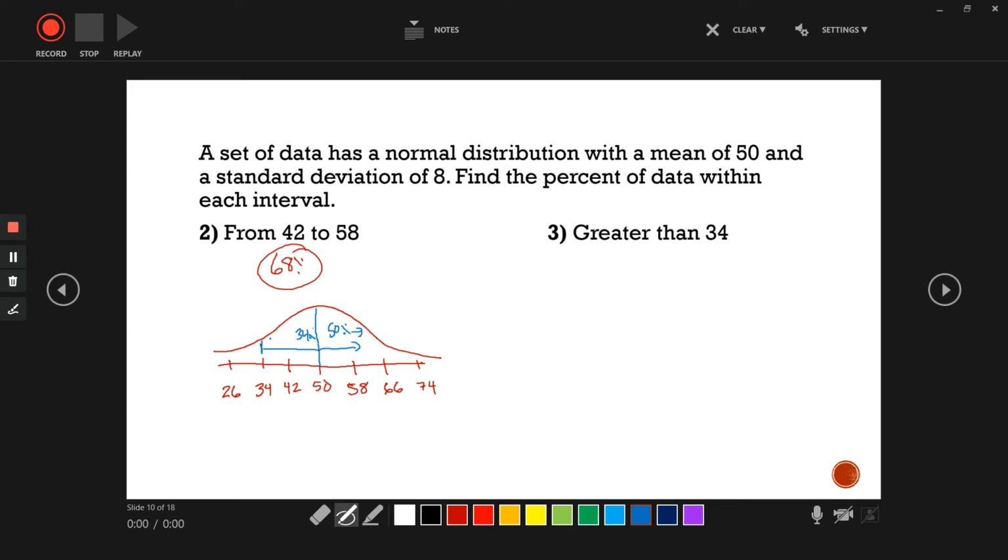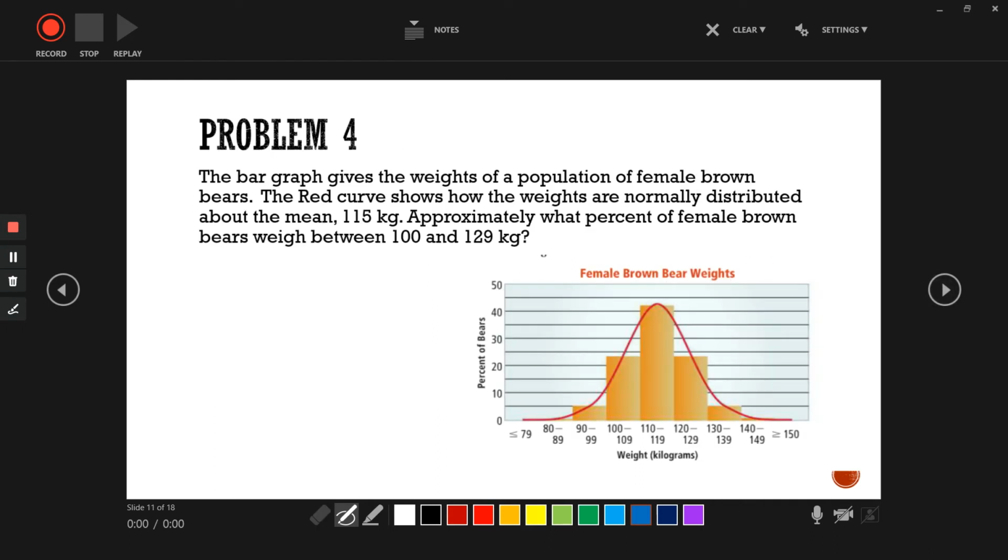And then here we have the 13.5%. So we can add up 13.5 plus 34 plus 50 to find out greater than 34%, right? So I'm just going to type that in real quick. 13.5 plus 34 plus 50, and I get 97.5%. Okay, makes sense?